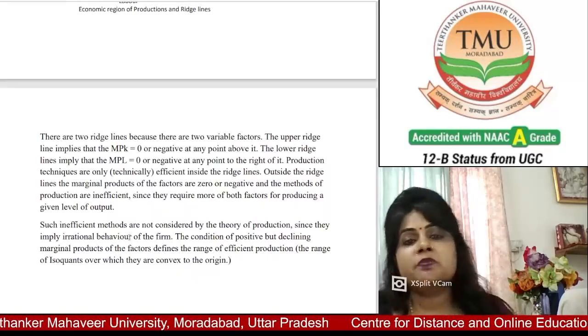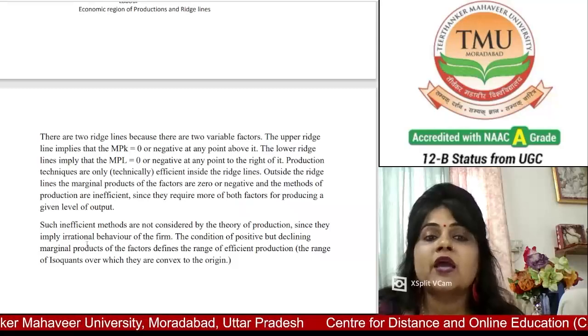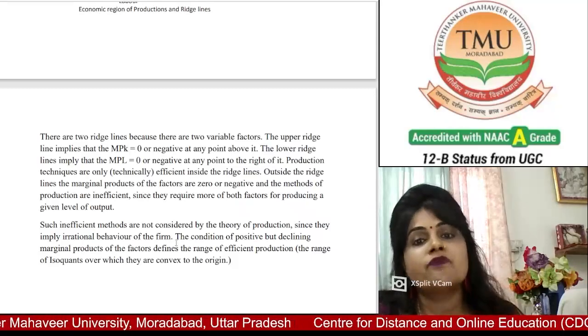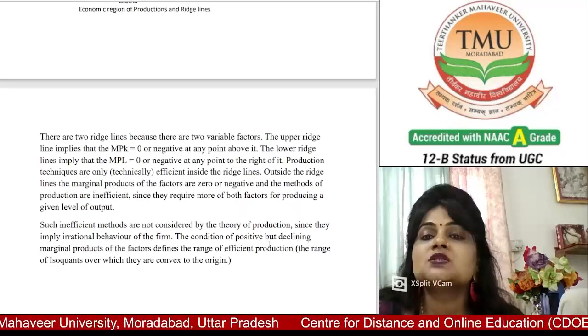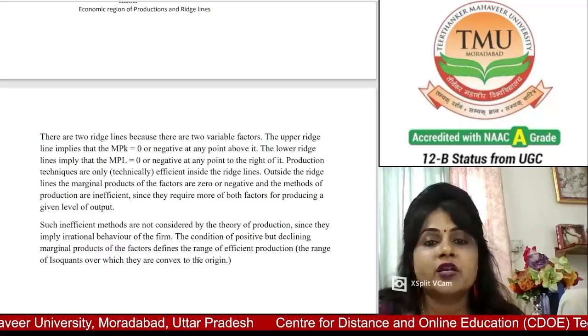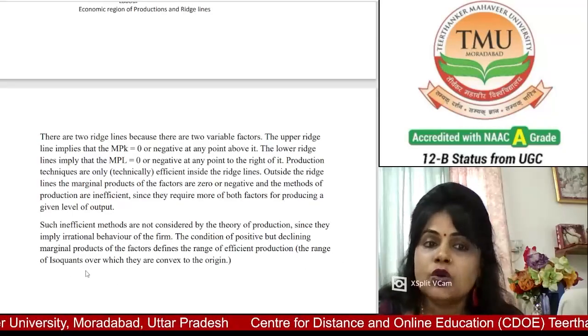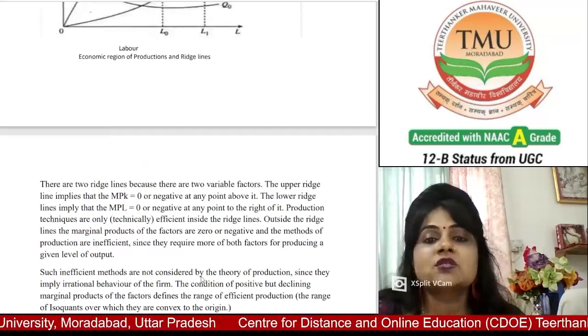Such inefficient methods are not considered by the theory of production since they imply irrational behavior of the firms. The condition of positive but declining marginal product of the two factors defines the range of efficient production, the range of the isoquant over which they are convex to the origin.